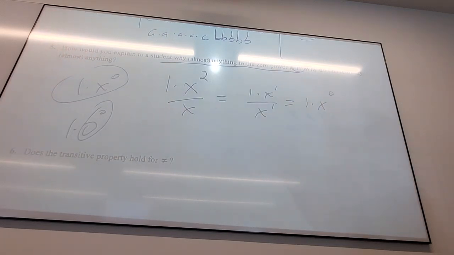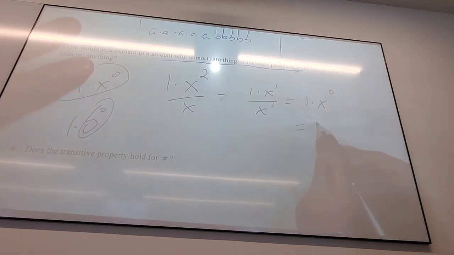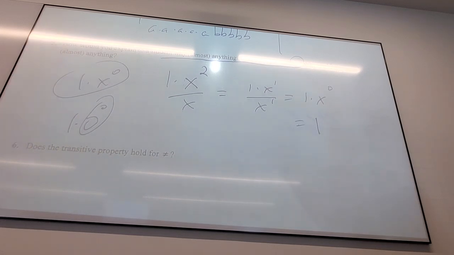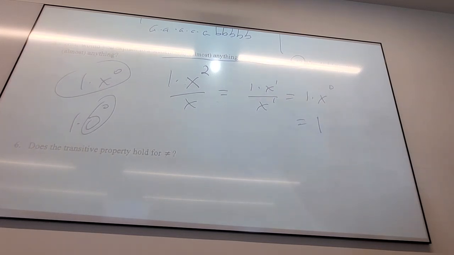I have no x's left. So why would I write that? If I have no x's left, what's the only thing left? 1. It's 1 times no x's. And what is 1 times no x's? 1. So one way to look at this is x to the 0 literally means I have no variables. So the only thing I have left is, like you said, the understood 1 in front.